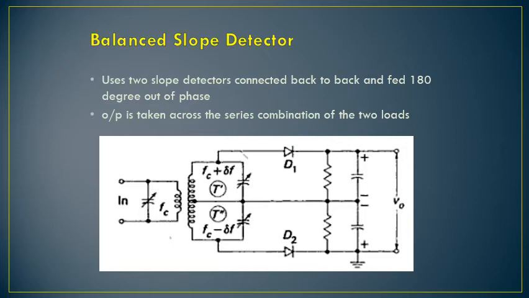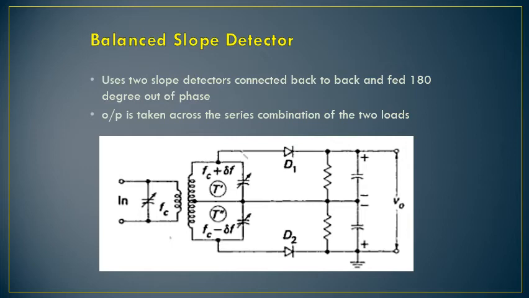This particular diode D1, this resistor and capacitor belong to one envelope detector, and there is another part where we have diode D2, resistor R and capacitor C as the second envelope detector. So we are using two envelope detectors here. The input part is the same.